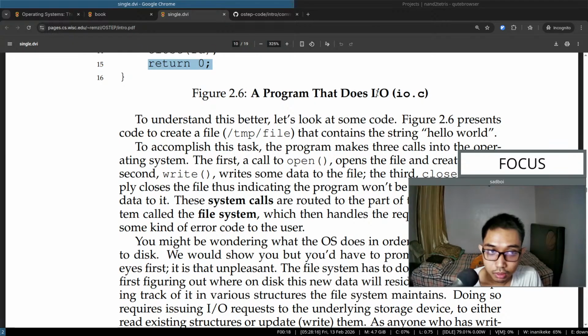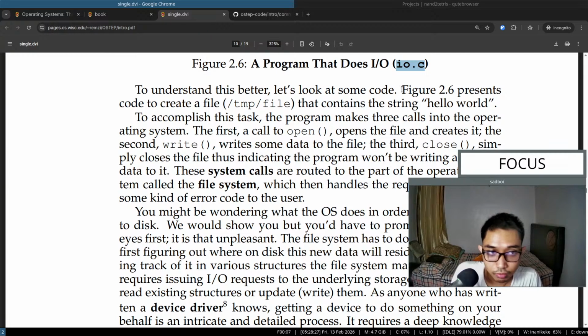A program that does input-output, the io1.c. To understand this better, let's look at some code. Figure 2.6, this one, presents code to create a file in the temp directory that contains the string hello world.